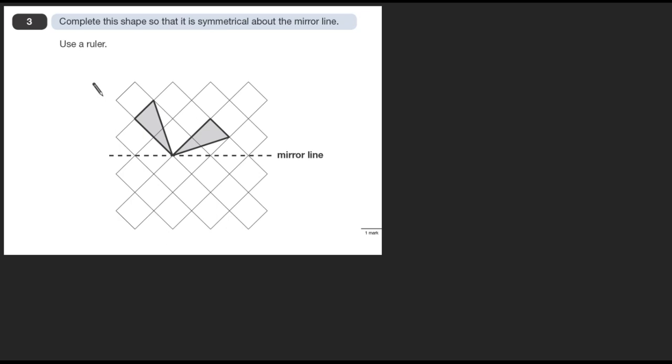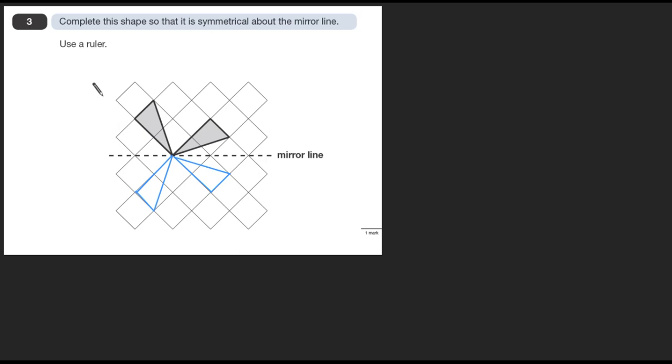So how to do this question is from the starting point: 2 lengths here and 1 length here, and I'm going to connect this and this. That is the exact image of my left hand side object, and from here I'm just going to connect like this and like this.